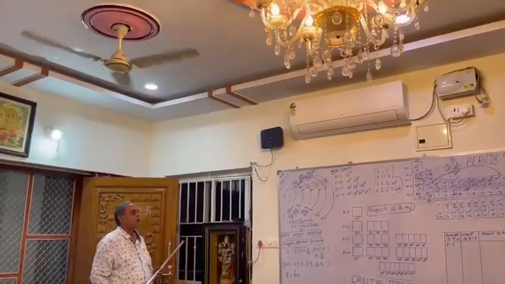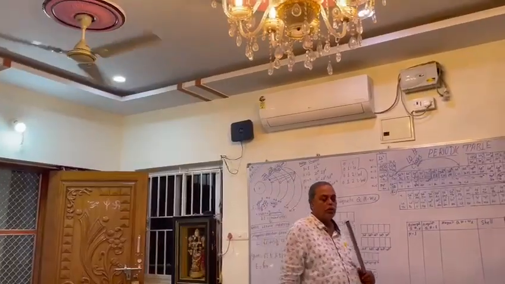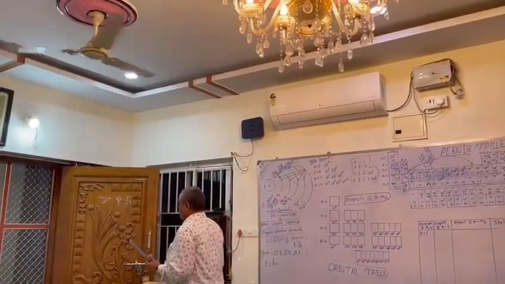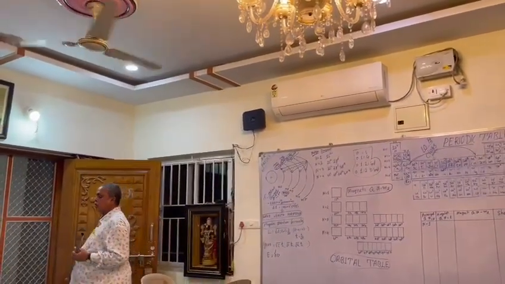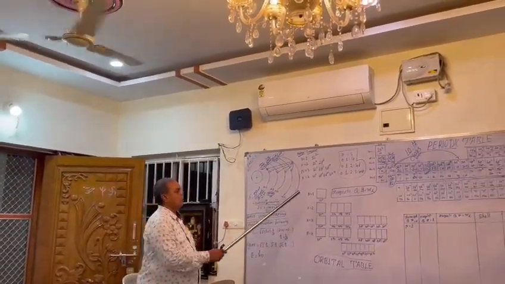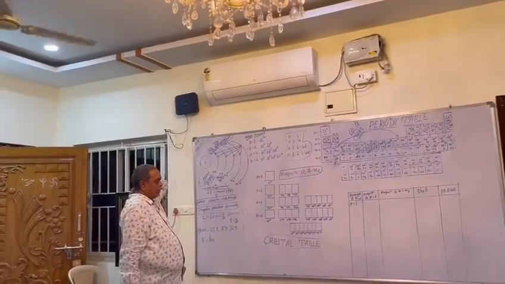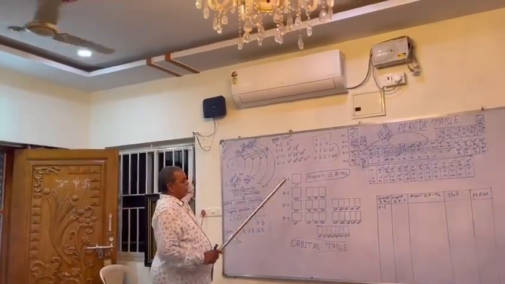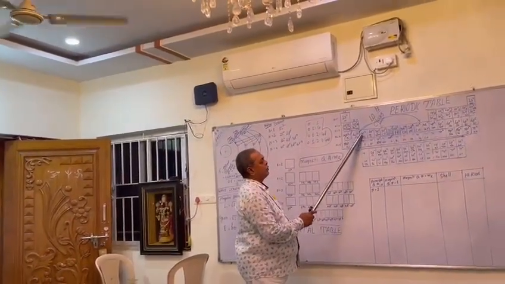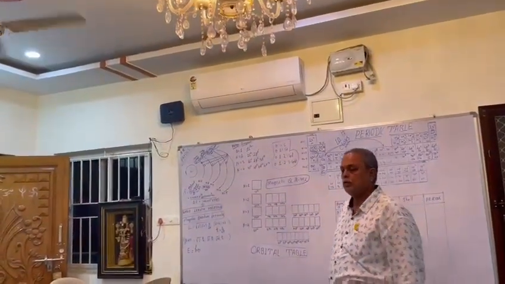If n is 1, 1s2. If n is 2, 2s2, 2p6. If n is 3, 3s2, 3p6 and 3d10. 10 electrons are landed in the d orbital, from scandium to zinc.